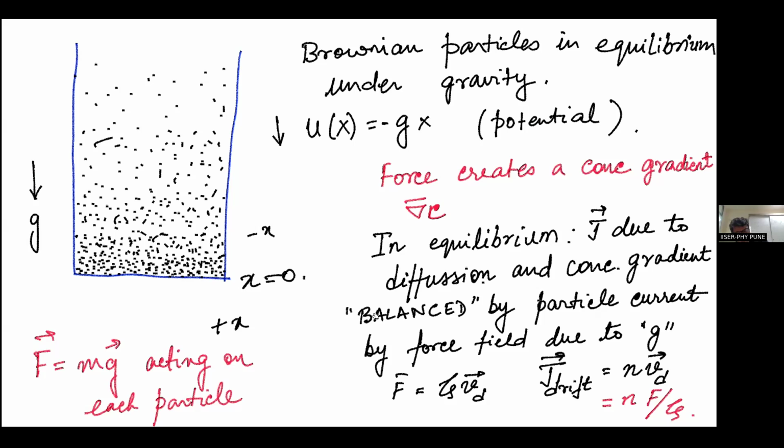So here you are really calculating the net number of particles moving down minus the number moving up, times V_d, which is the drift current, the net number of particles coming down due to gravity. And so this V_d you can replace by F by zeta.